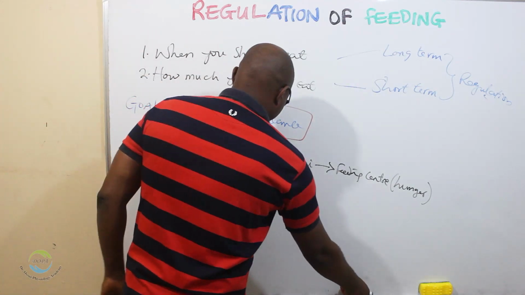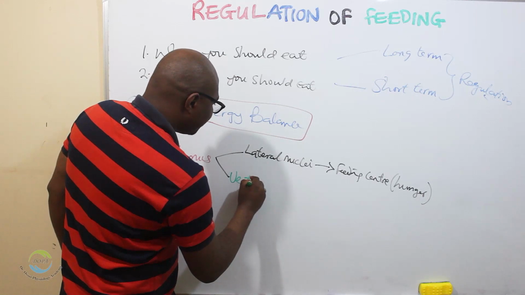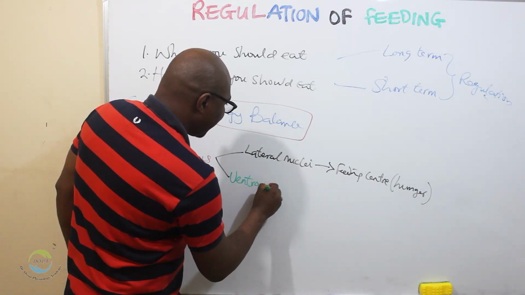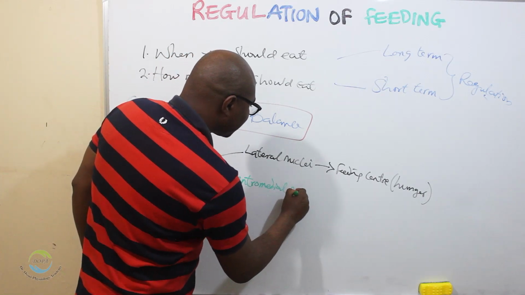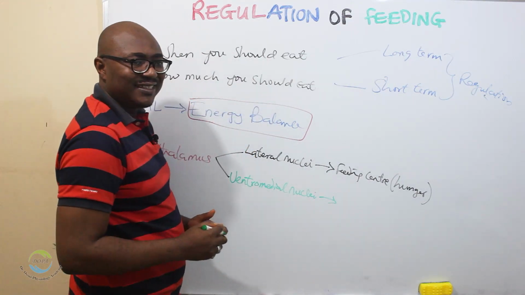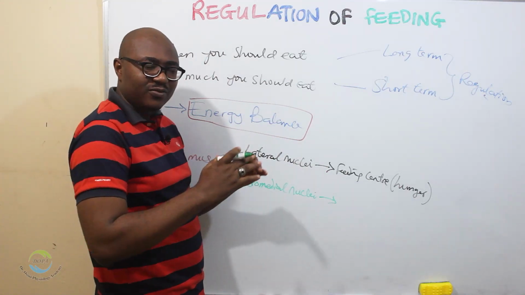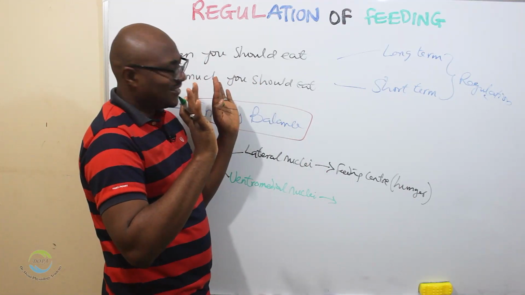Then there's a part of the hypothalamus called the ventromedial nuclei. What does this one do? It tells you that you are satisfied, you've eaten enough, so stop eating.